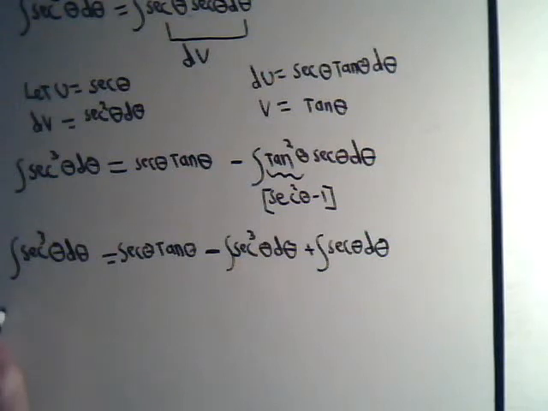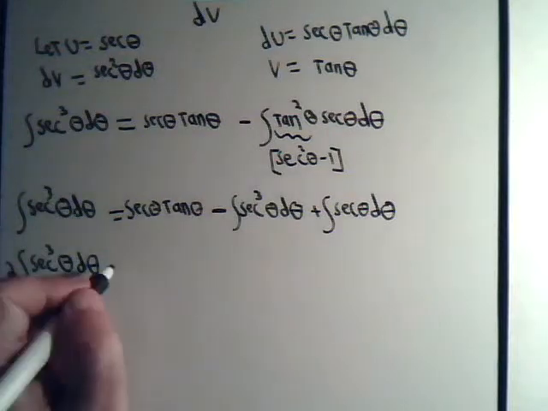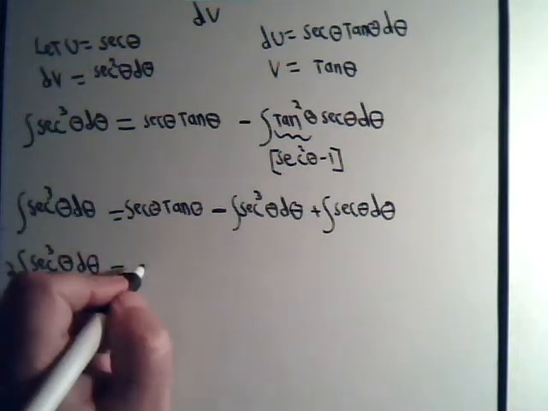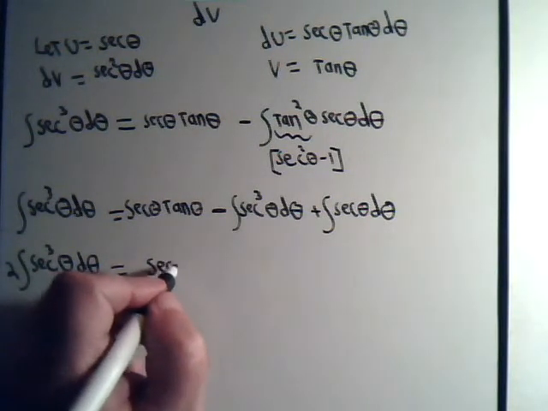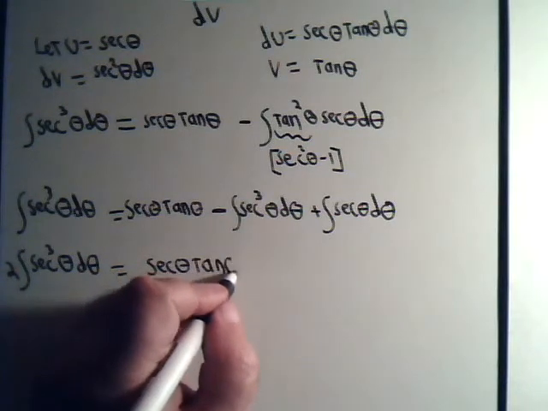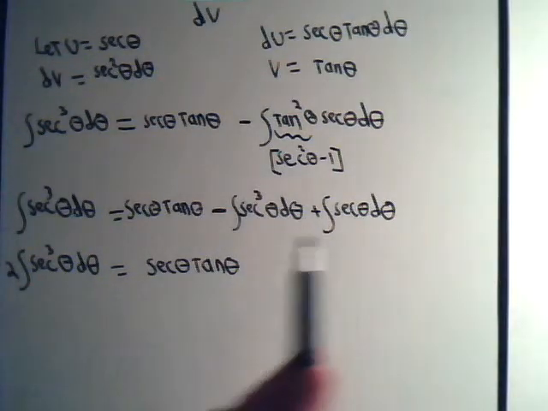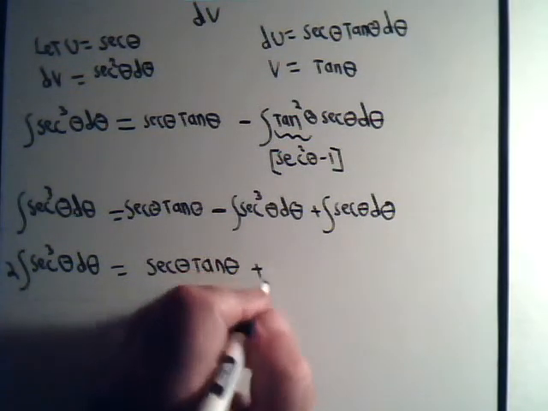Now we have 2 times the integral of the secant cubed theta d theta equals secant theta tangent of theta plus the integral of this, which we know what that is.